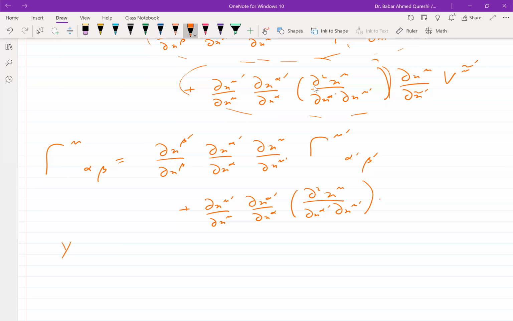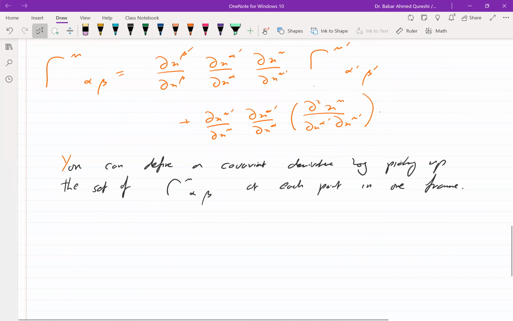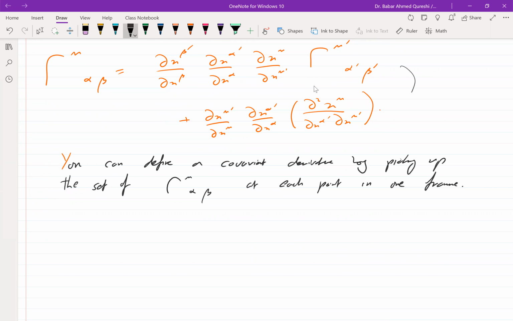You can define a covariant derivative by picking up the set of these connection coefficients at each point in one frame, and then demand that in other frames, you get them by this transformation.